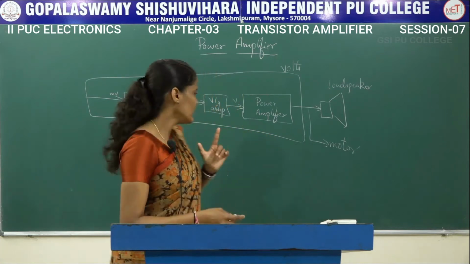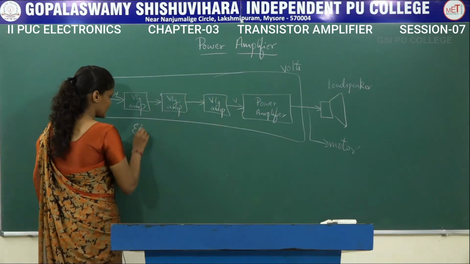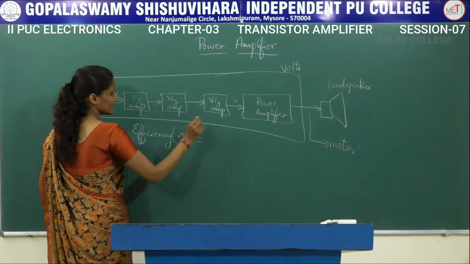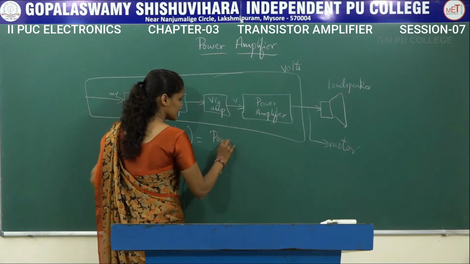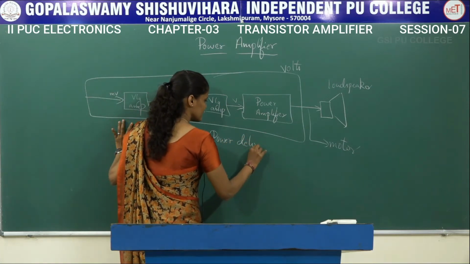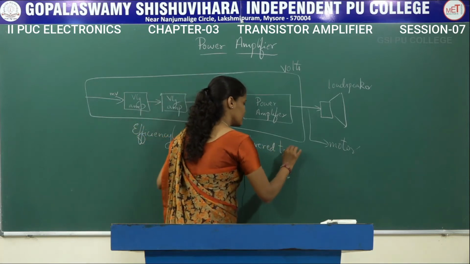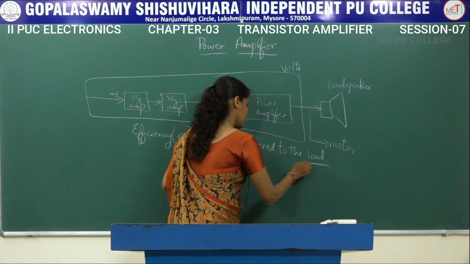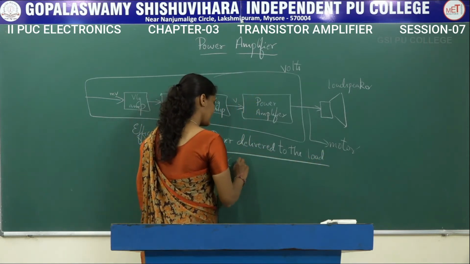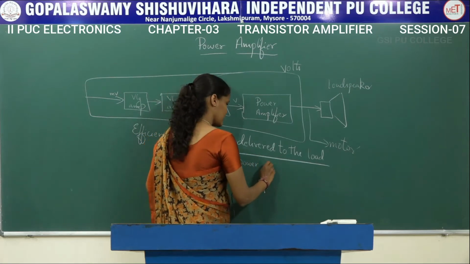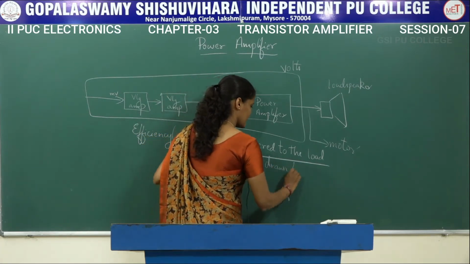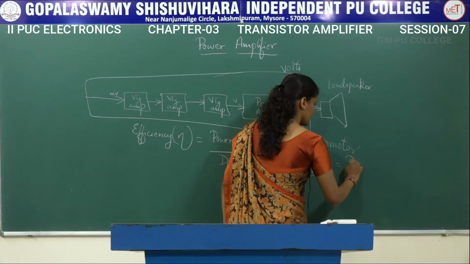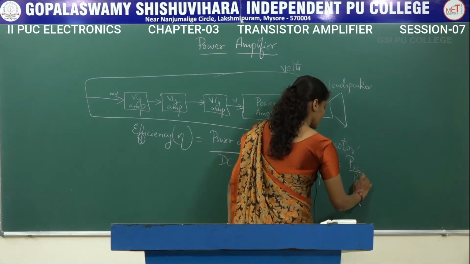So the formula for the efficiency of this power amplifier can be given by efficiency, which is given by power delivered to the load divided by DC power drawn from the supply, which can be written as PAC divided by PDC.